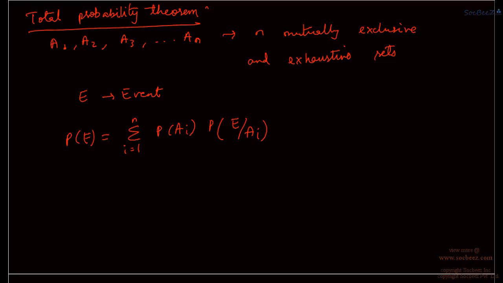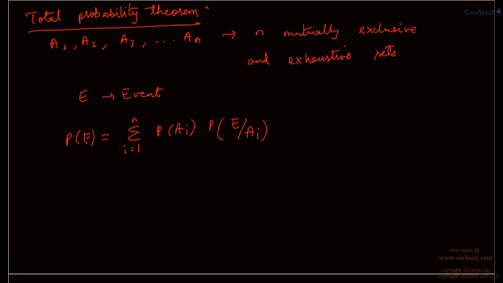Since I have n different mutually exclusive events, let's forget exhaustive for now. This means, first let the event Ai occur, and given that Ai has occurred, what is the chance of the event E occurring? So I consider it for that part.